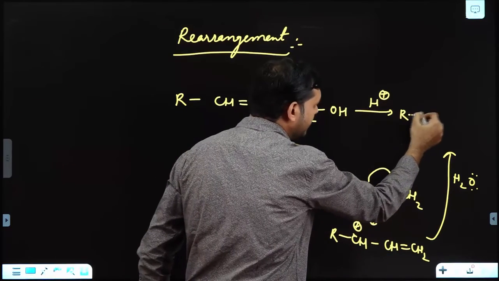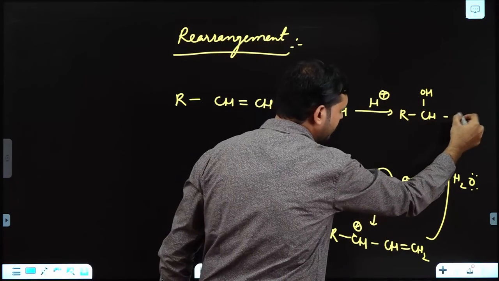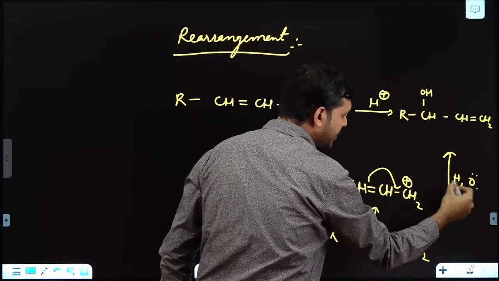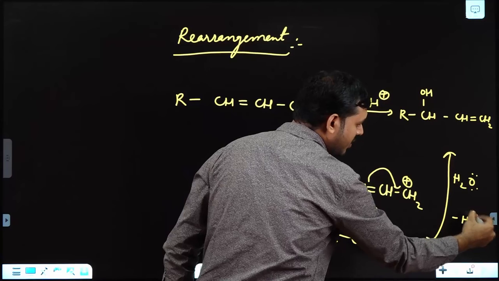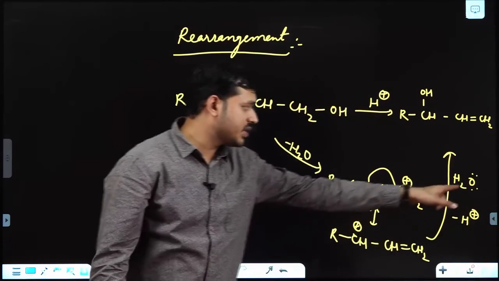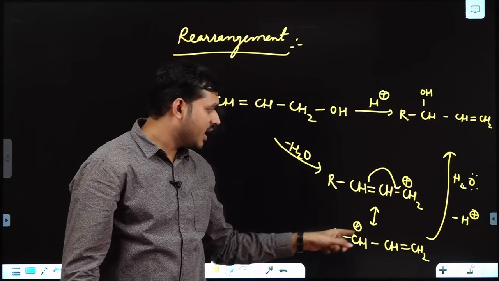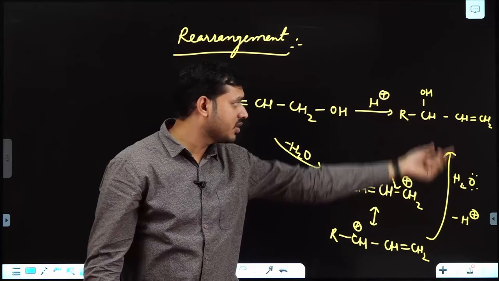So what you will get, H2O is attacked and H plus is removed, minus H plus. Okay, this H2O will attack here, then this O bonded with carbon and 2H, so oxygen will get plus charge, so H plus will be removed, so you get this one.